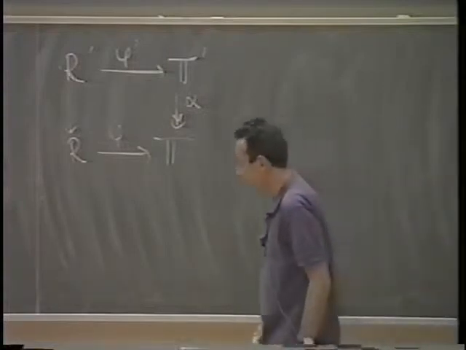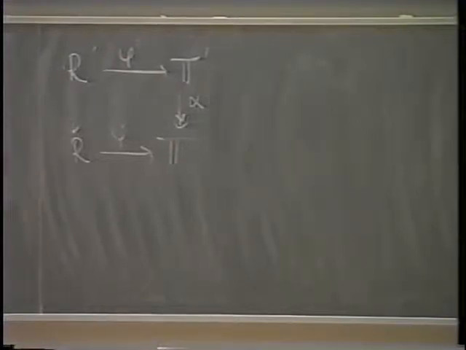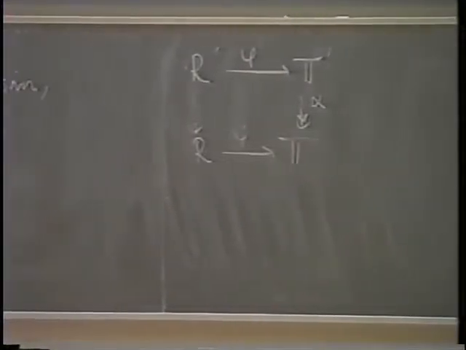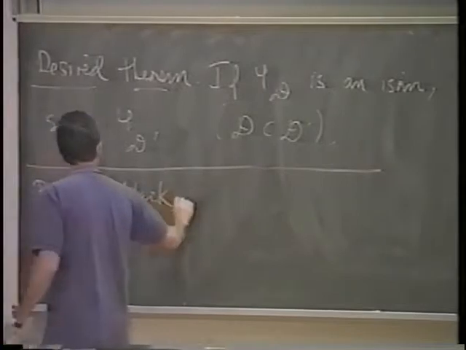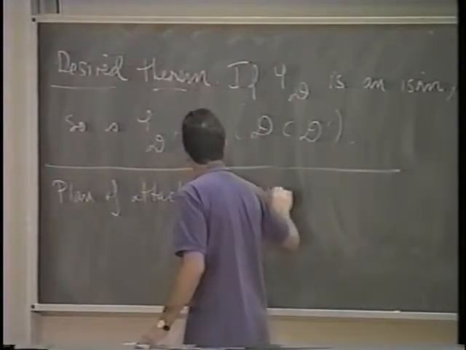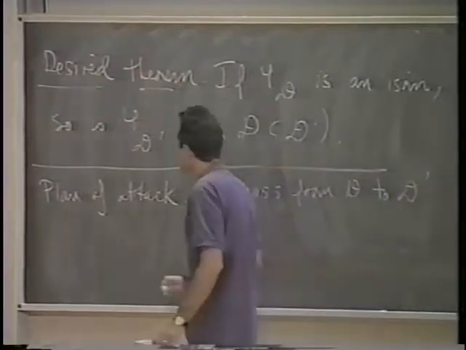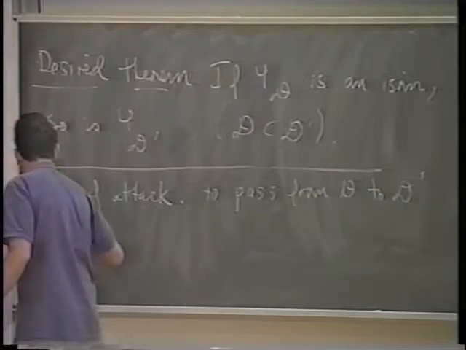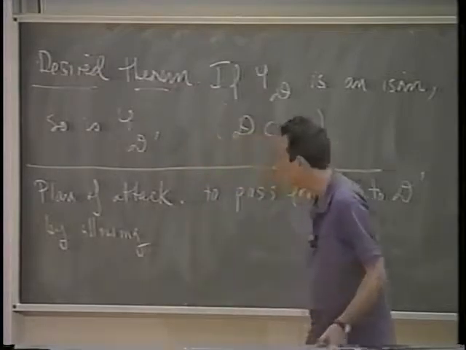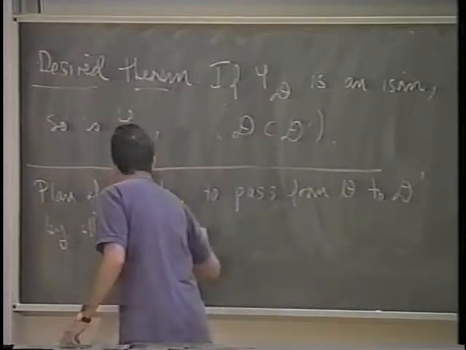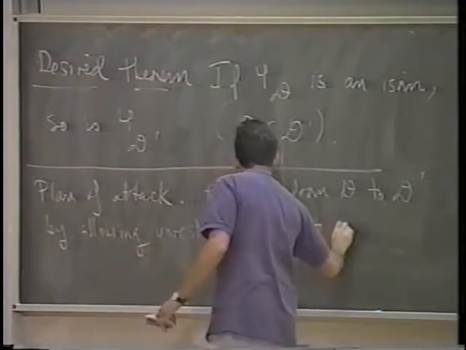And if you want to prove this, the normal thing that you do is you proceed along some sort of induction path, namely the plan of attack would just be to pass from D to D' by allowing, for the first time in D' but not in D, unrestricted ramification at some prime q.